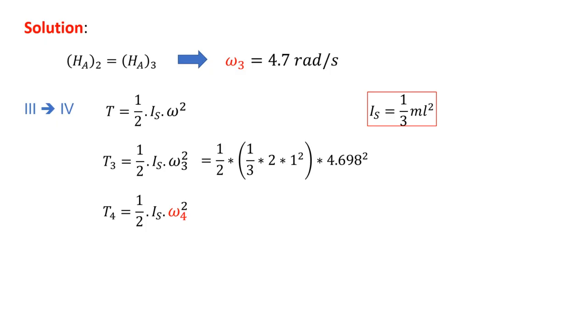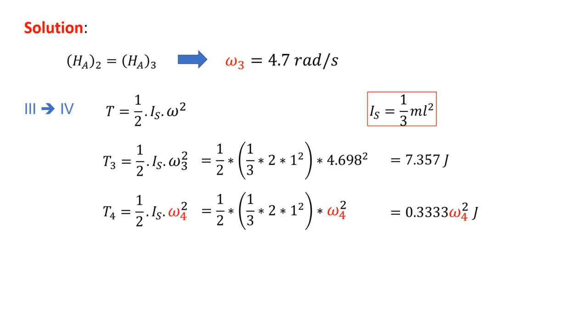Now the IS can be substituted here. The omega 3 is known, so we find that the T3 is equal to 7.357 joule. And the T4 is going to be in terms of the omega 4 as 0.333 omega 4 squared joule.